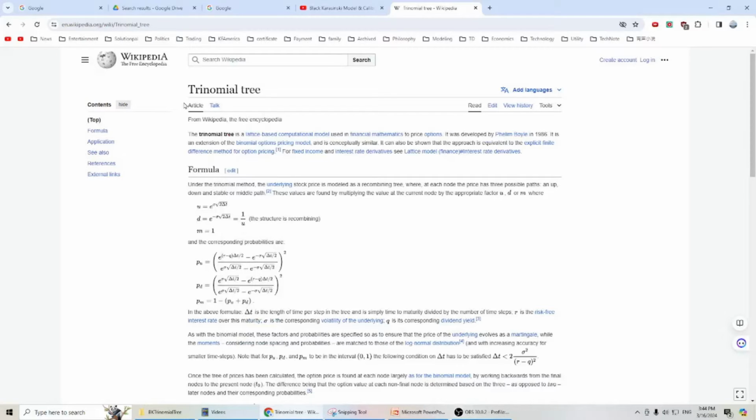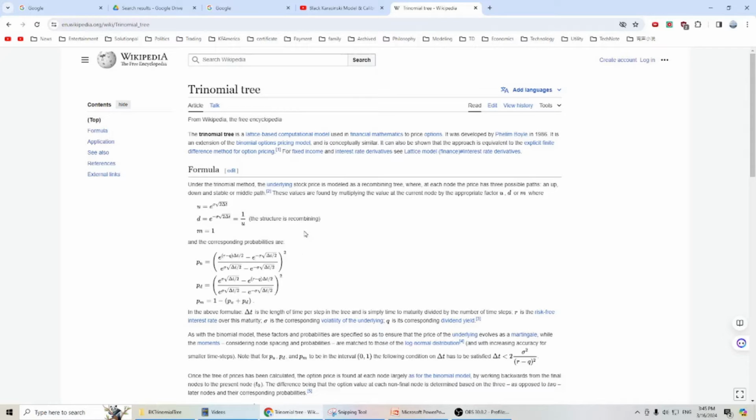If you go to this website, you can find this trinomial tree building methodology on Wikipedia. But under this trinomial method, the underlying stock price is modeled as a recombining tree. But now we are talking about interest rate movement.